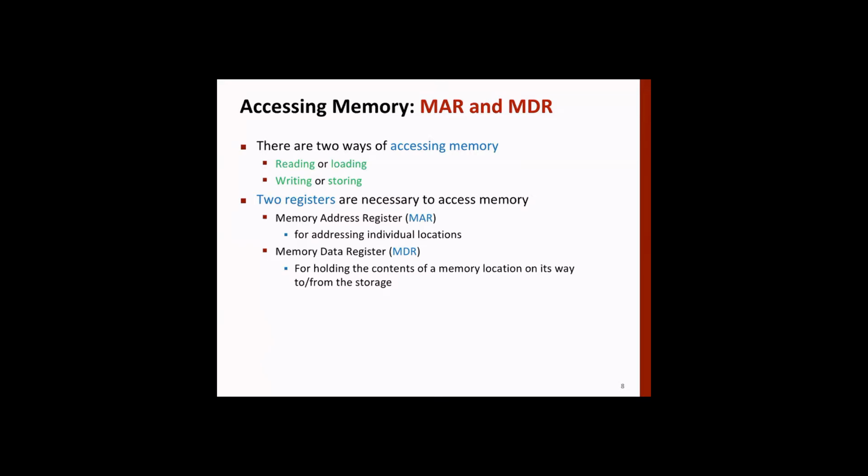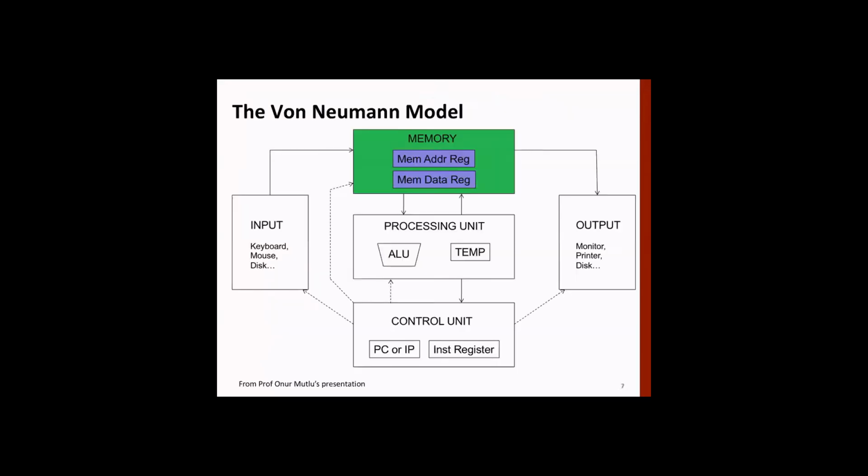Remember, the memory address register is in the memory unit. So the CPU or processing unit will send the address that it wants to read to the memory address register, and then the memory unit will read the data item and put it into the memory data register.